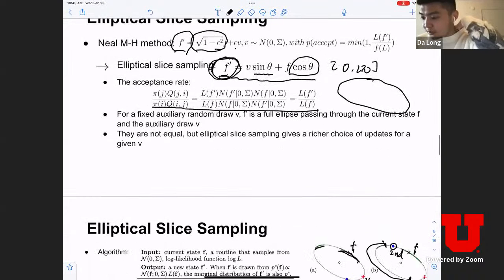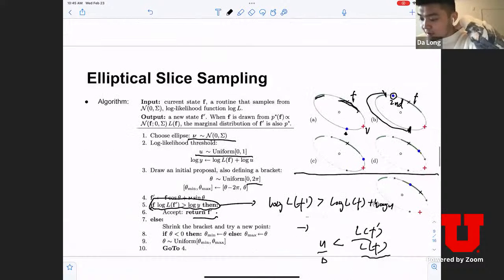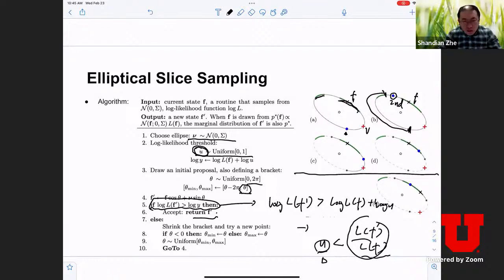For this algorithm, you first sample a U from here, and then you repeatedly sample theta until you get a valid sample where the acceptance rate is greater than U. I think it's kind of different from the previous slice sampling.